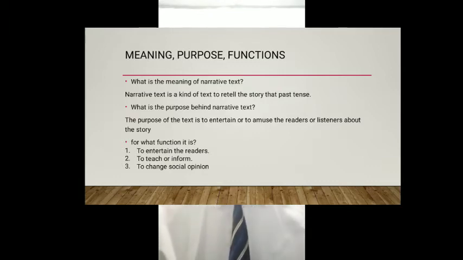Okay. Yeah, that's good. The purpose of the text is to entertain or to amuse the readers or listeners about the story. So, tujuan dari terbentuknya sebuah narrative text ini adalah untuk menunjukkan kepada pembaca ataupun pendengar dari cerita tersebut.